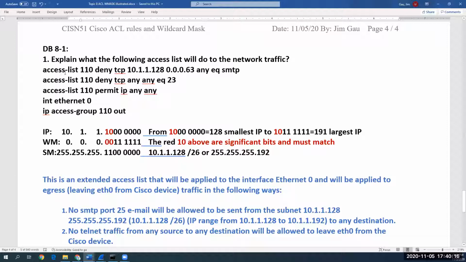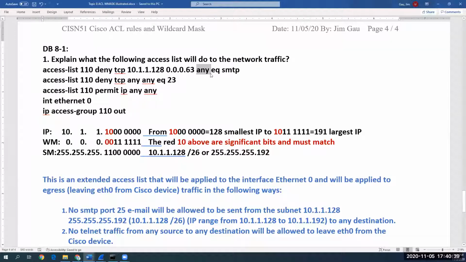So for ACL, anything more than 100 is an extended ACL. It gives you more detail instead of just permit with 1 source address and 1 WM mask. It will give you a source, and a destination of any.